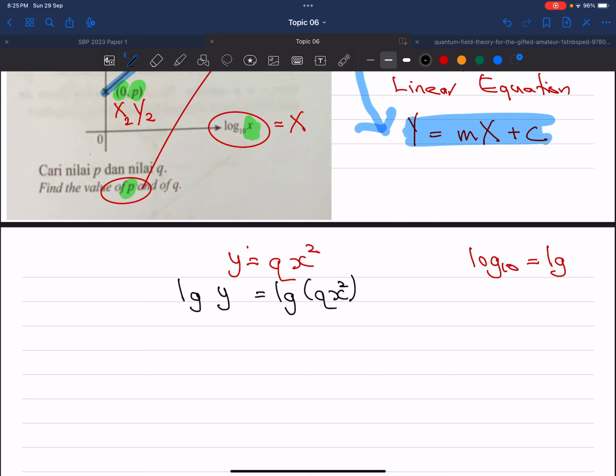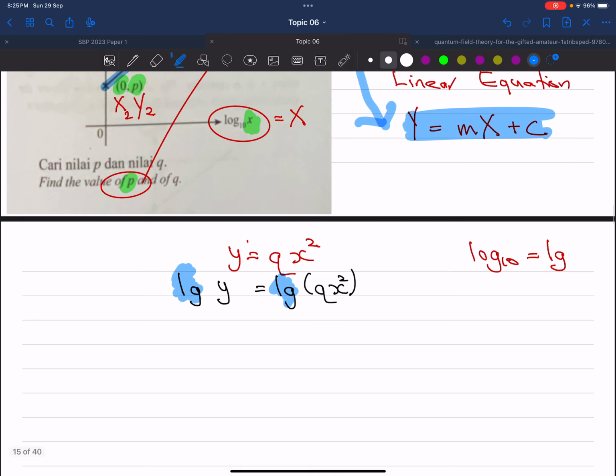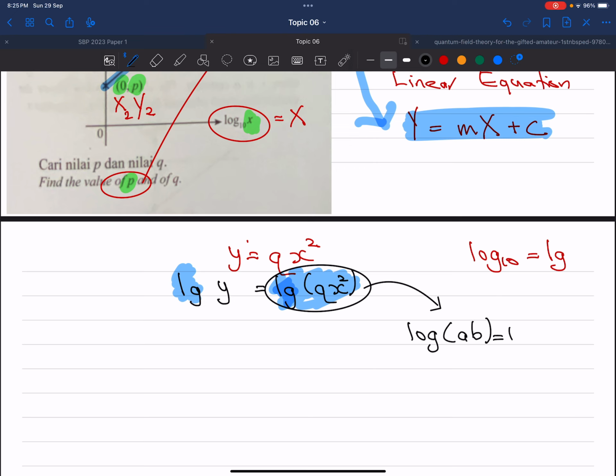Remember, LG means log base 10. And if you look at the right hand side, this is similar to log AB. It is log A plus log B.